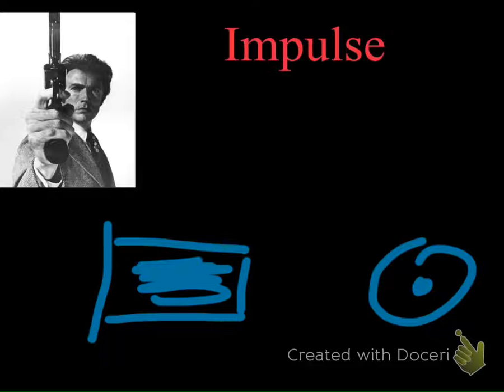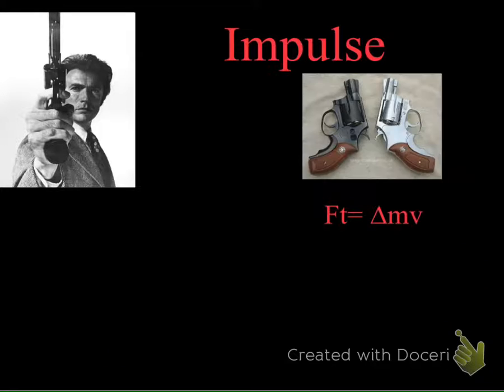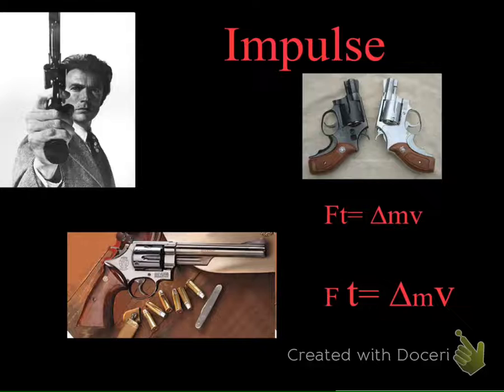Now, on a gun, there's no place for that gas to go except out the end. Now, the gun on the top is able to apply a force, but it is only able to apply the force that far. On Dirty Harry's gun, it's able to apply it over a longer period of time.